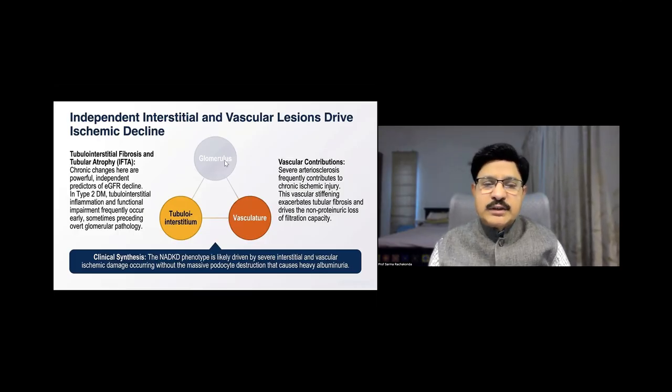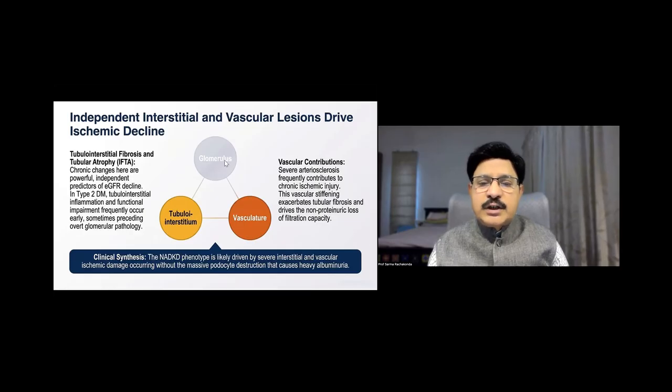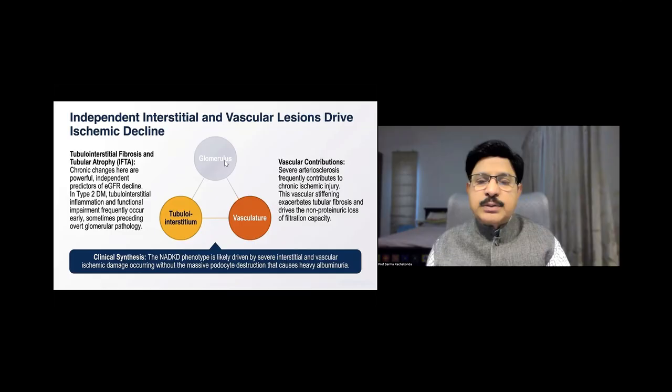What is the clinical synthesis? An NA-DKD phenotype is likely driven by severe interstitial and vascular ischemic damage occurring without massive podocyte destruction or basement membrane change or heavy albuminuria or glomerular damage.